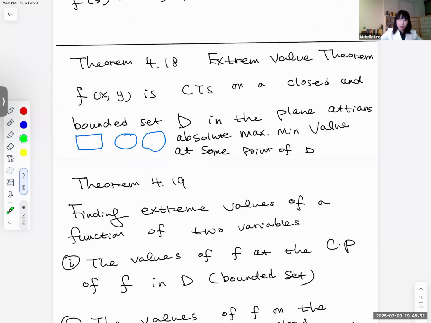Okay, now in calculus 3, we have Theorem 4.18, the extreme value theorem. The function is continuous. We have two variables, right? Sorry about that.